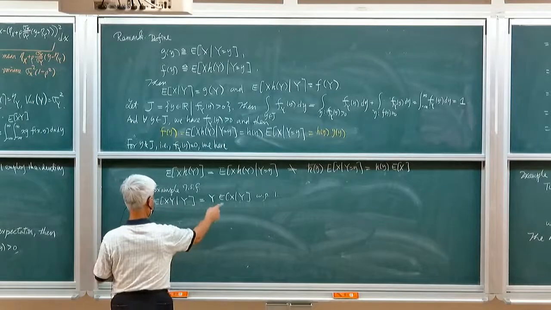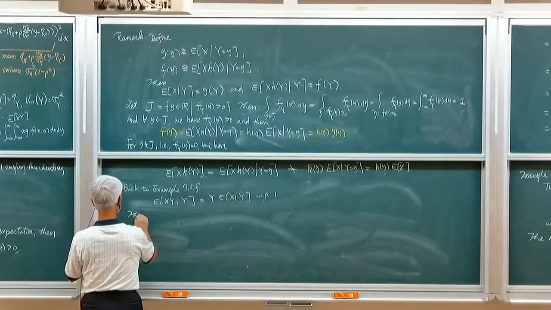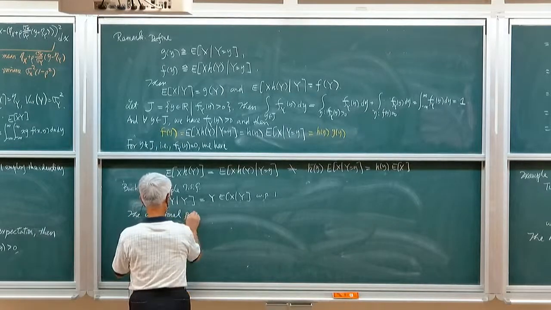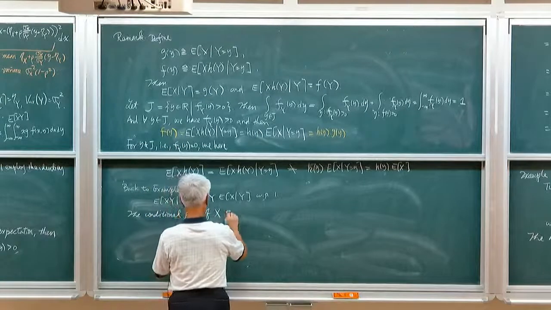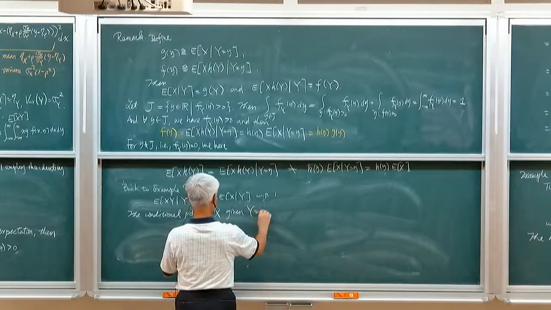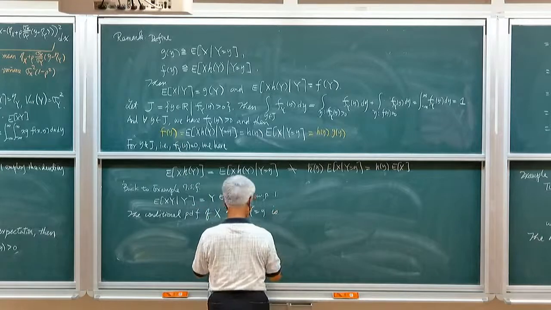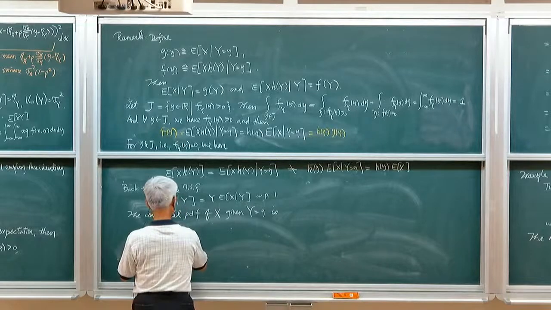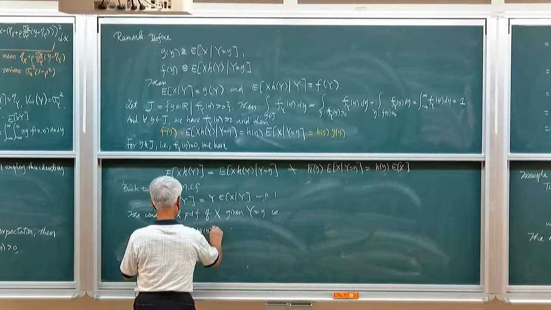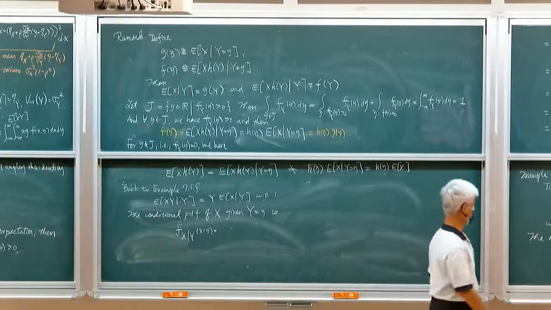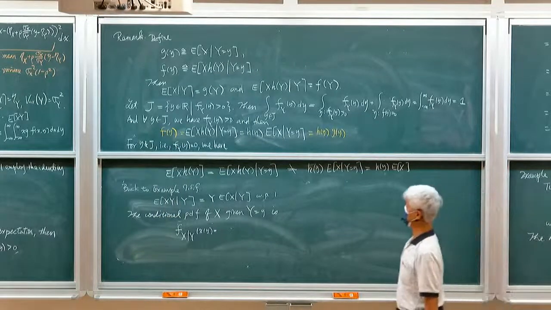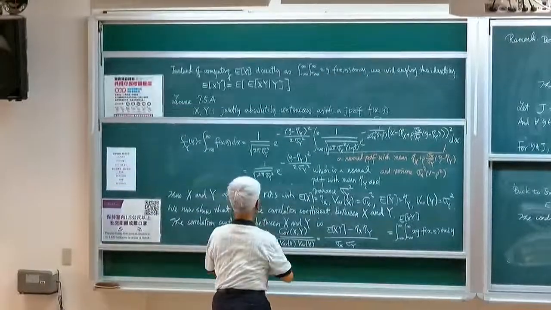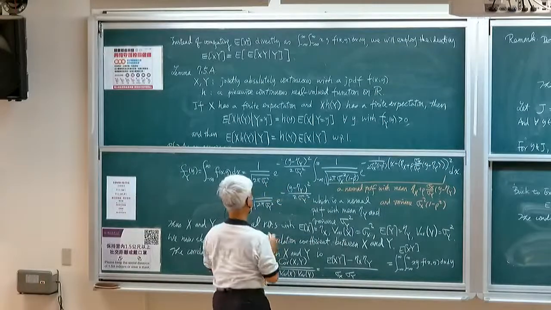So to find it, the conditional PDF of X given that Y equals y is actually f of x given y, which is this one.